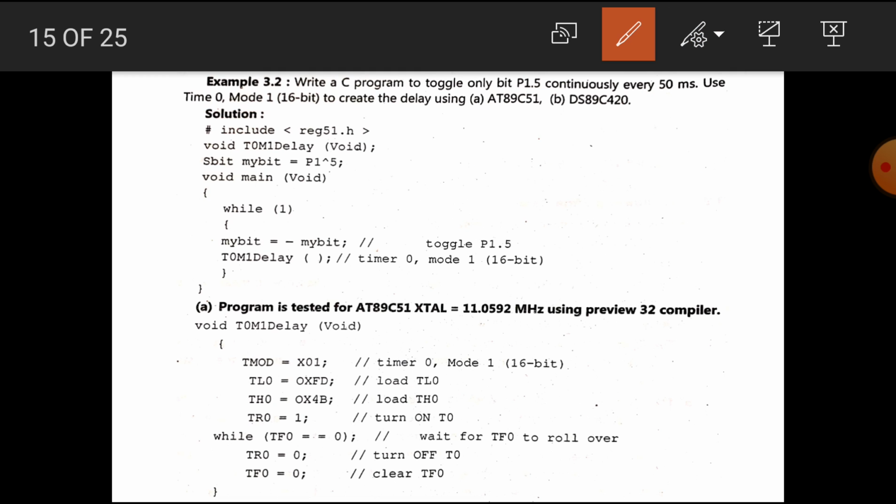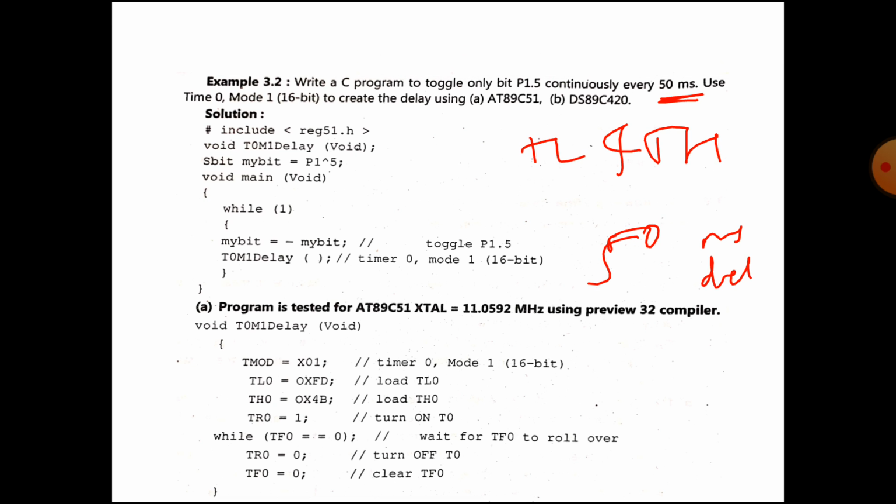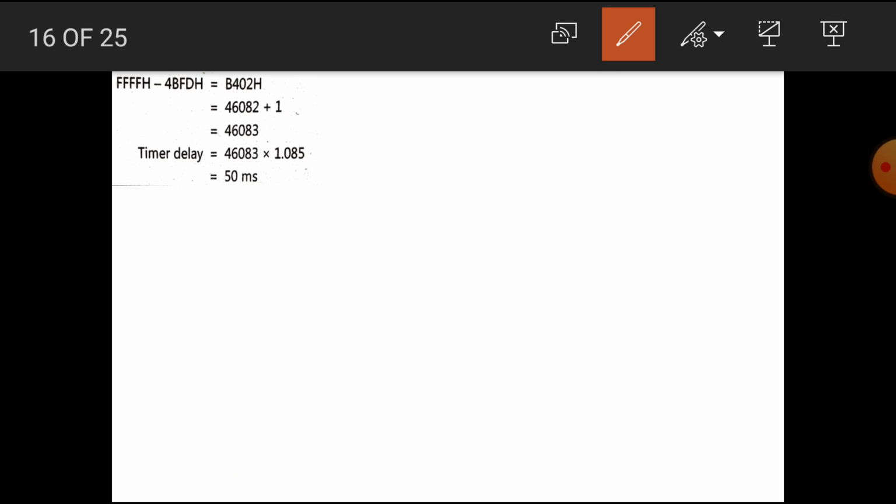Okay, now we have to find the values of TL and TH for the 50 millisecond delay. Let's find first the values of TL and TH. For that purpose, let's consider here the delay is 50 millisecond, and the crystal frequency XTAL is equal to 11.0592 megahertz.